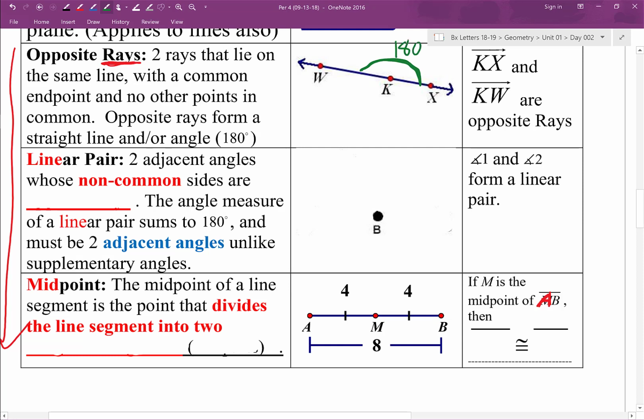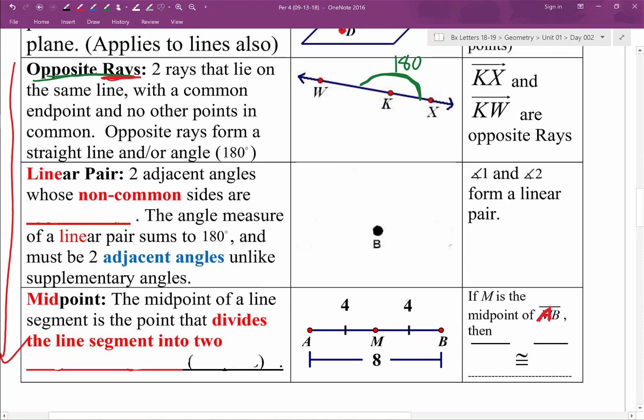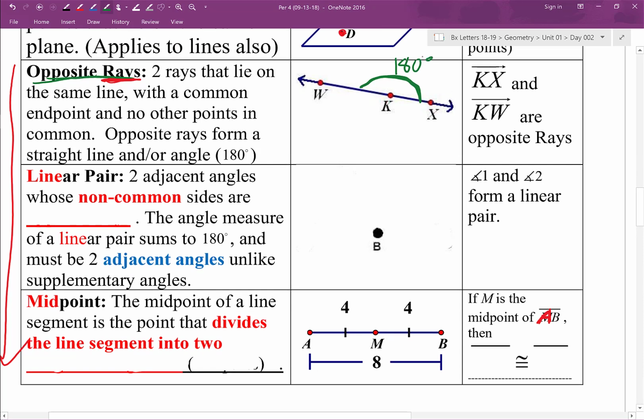And that is why we need to have that term, opposite rays. Because whenever you hear that, it promises you 180 degrees. You could hear this called a line. Sometimes it's called a straight angle. But they're all different ways to get you to draw that picture.